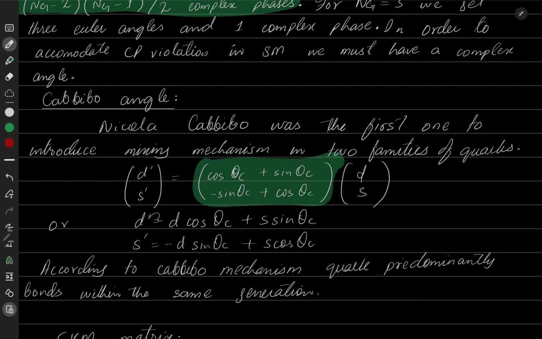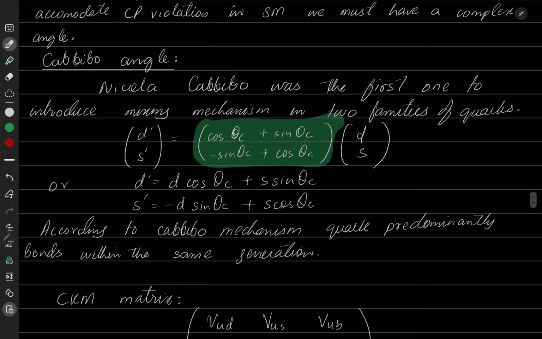D prime here is the mass eigenstate quark, and D is the weak eigenstate. Normally we write the doublet like this, U and D bar. So D bar is actually the mass eigenstate, and we can use U bar and D. It purely depends on the convention that you are using.